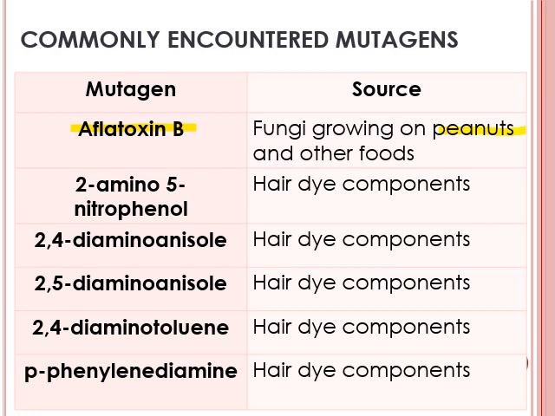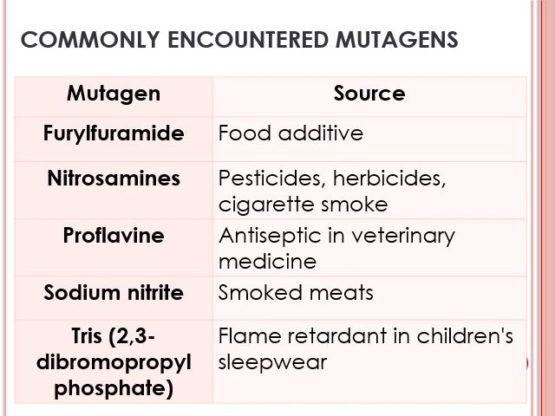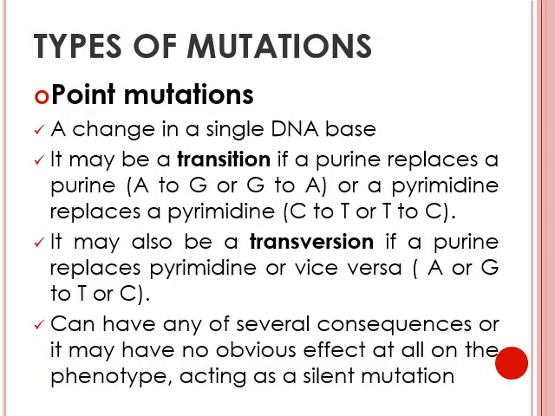All of them are hair dye components. We also have furylfuramide, a food additive. Nitrosamines, pesticides, herbicides in cigarette smoke, proflavin, an antiseptic in veterinary medicine, sodium nitrite, found in smoked meat. We have tris(2,3-dibromopropyl) phosphate, a flame retardant in children's sleepwear.